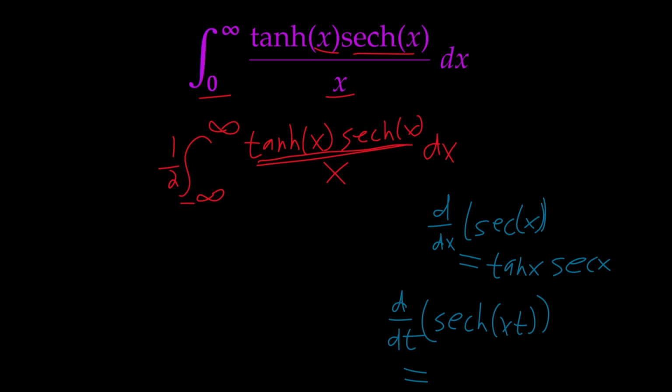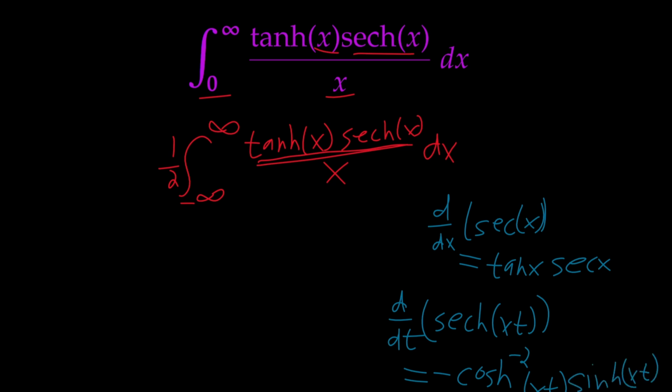And this right here is going to be equal to, well, by the power rule, that's just 1 over hyperbolic cosine of xt, right? So by the power rule, we have negative hyperbolic cosine to the negative 2 of xt, and then we're going to multiply that by hyperbolic sine of xt by the chain rule.